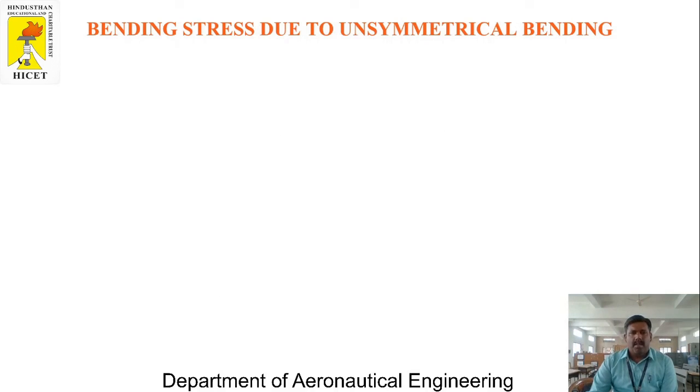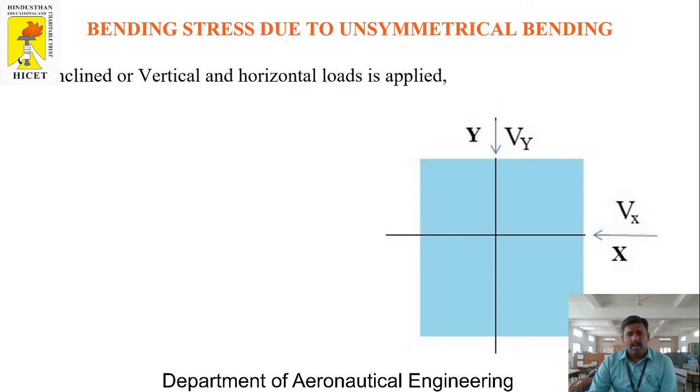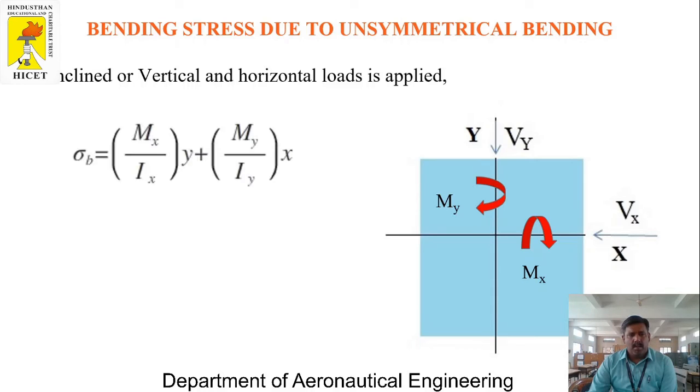Bending stress due to unsymmetrical bending. If an inclined load, or vertical and horizontal loads, are applied, unsymmetrical bending will occur. So the bending stress can be calculated by considering Mx and My, which leads to bending stress sigma b is equal to Mx by Ix into y plus My by Iy into x.